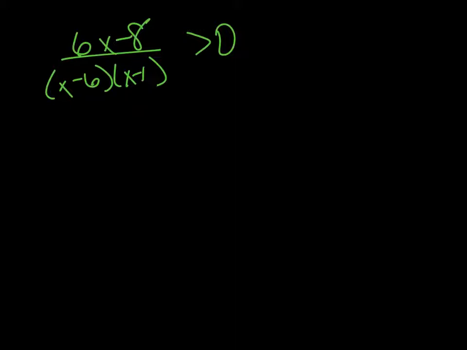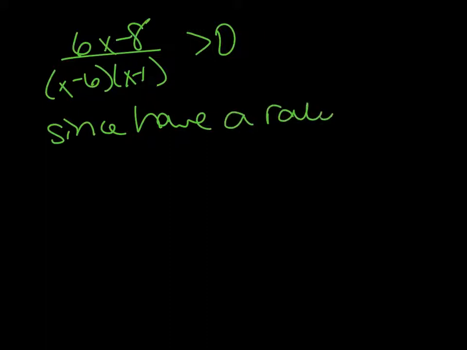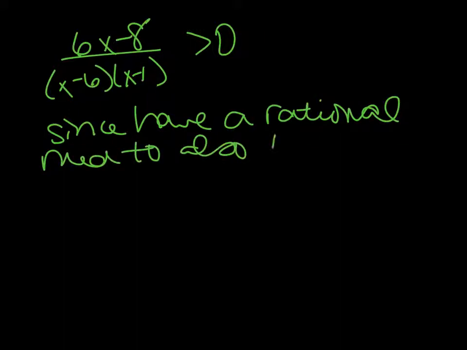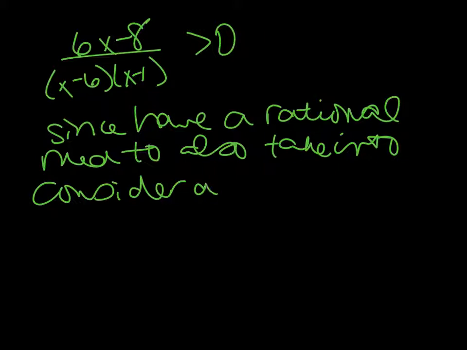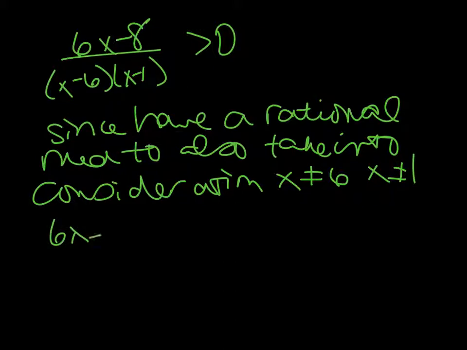Since you have a rational, you also need to take into consideration that x can't be 6, x can't be negative 1. And then we're also going to check your 6x minus 8 is greater than 0.